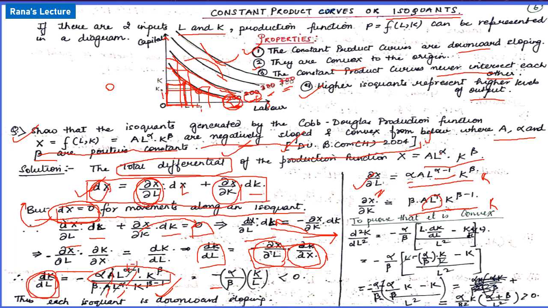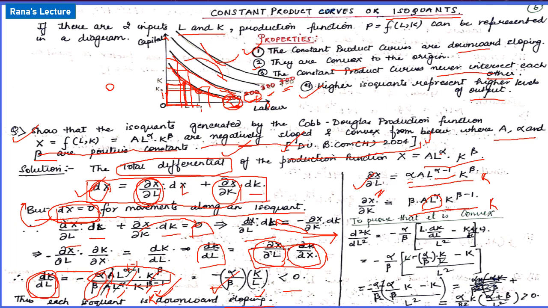We cancel K to the power beta with K to the power beta. Over here we'll be left with K to the power minus 1. Now what are you left with? You are left with only these terms, right, with a negative sign. So we write this over here, and then this will be K by L. As you can see, this is a negative sign, which is less than 0. So this isoquant is downward sloping. Now you understood, right?